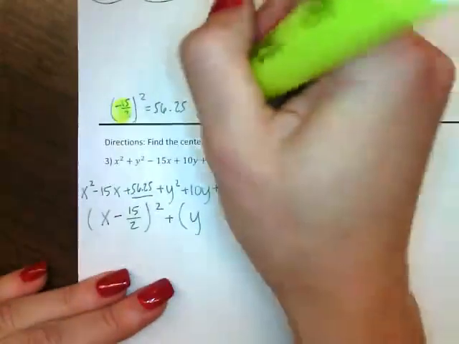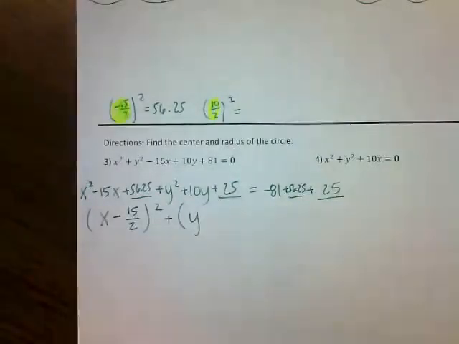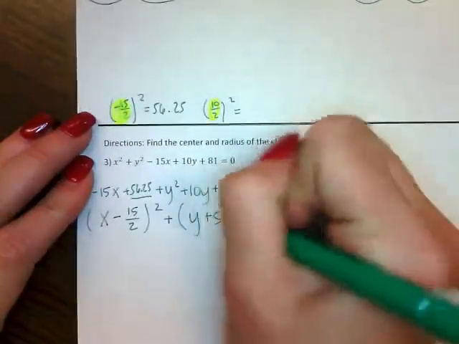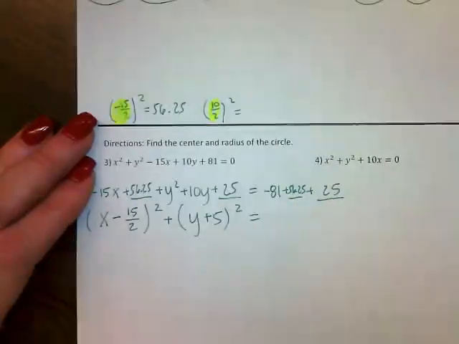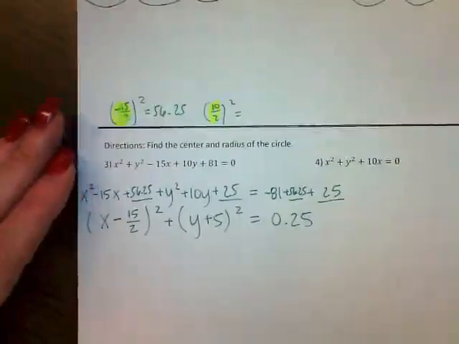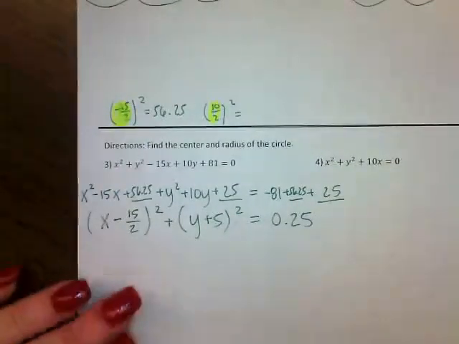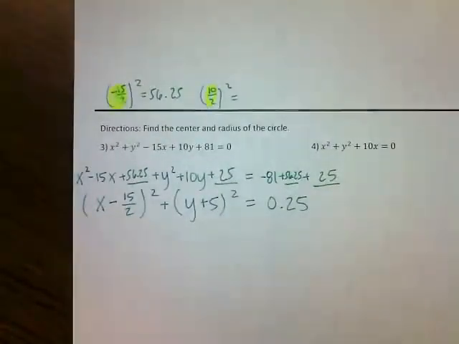And remember, coming up with this factor, I just need to look at my b divided by 2, which is 5. So y plus 5 squared. And I'm going to simplify what's on this side, giving me 0.25.